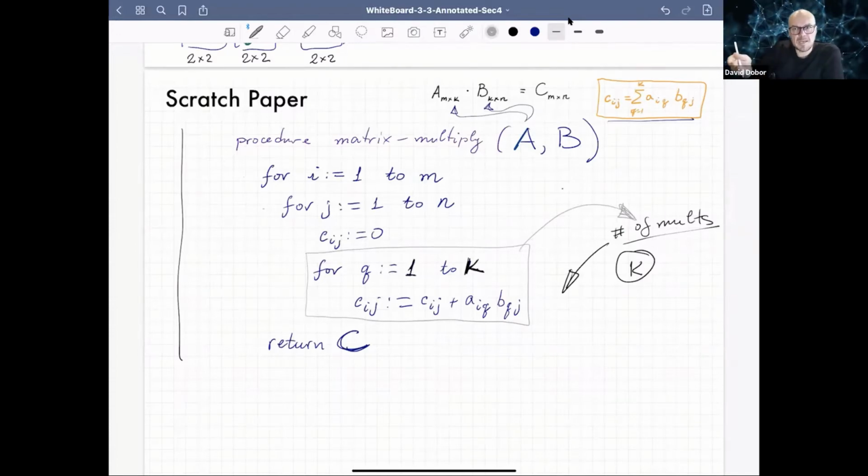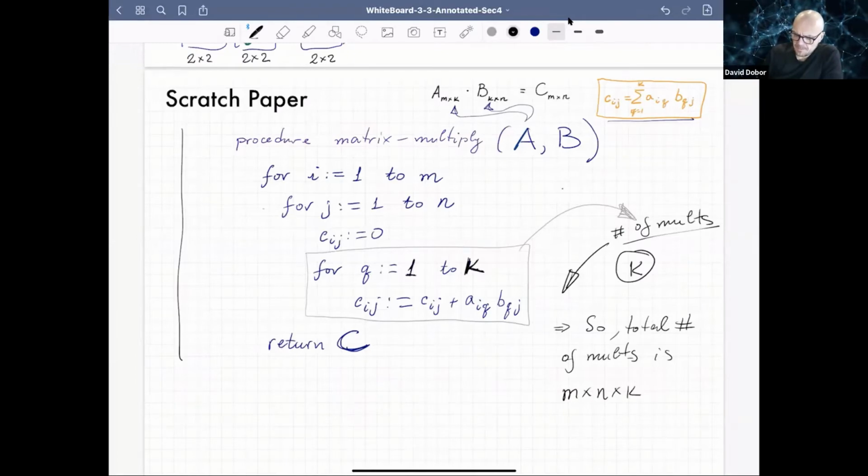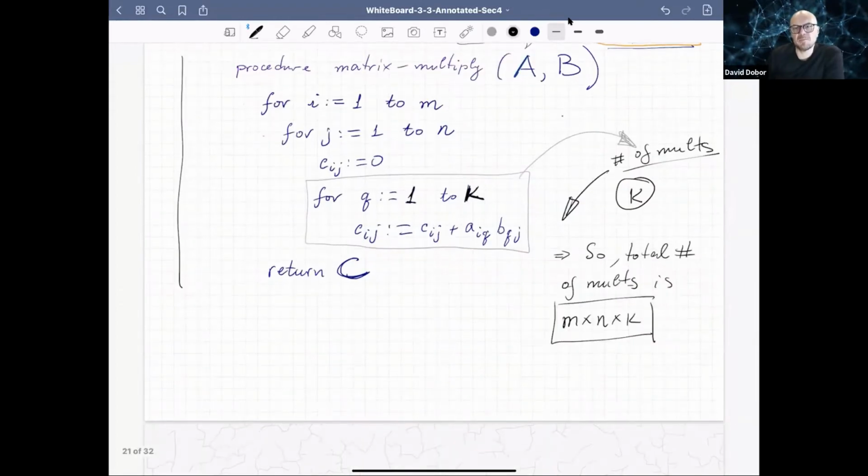So it's m times n. So, conclusion: the total number of multiplications is m times n times k. Do people agree? Okay, so the time complexity in terms of the number of multiplications is m times n times k.